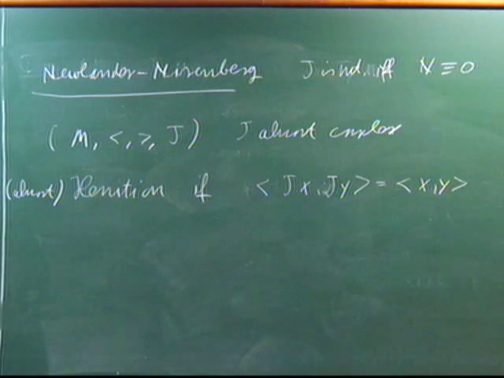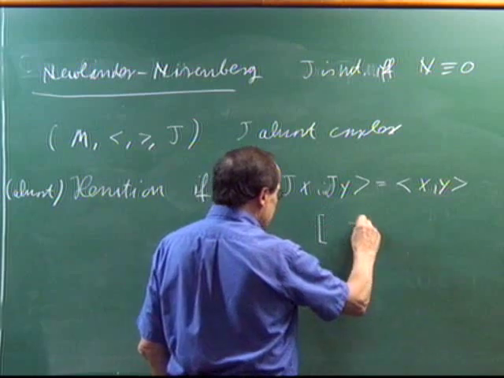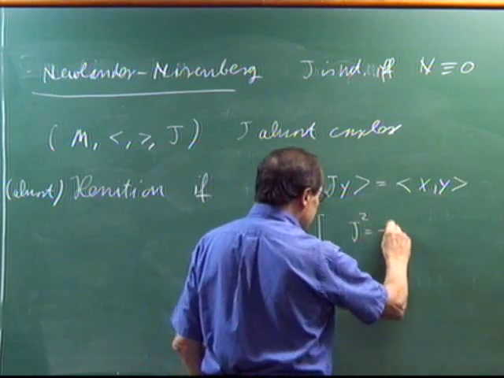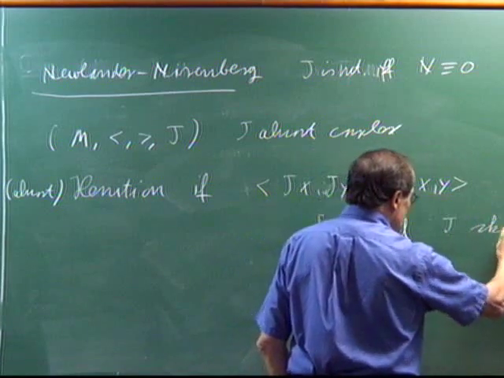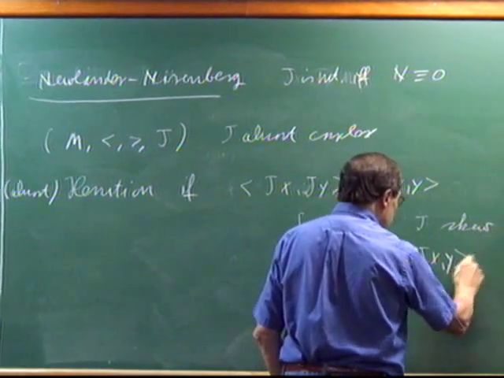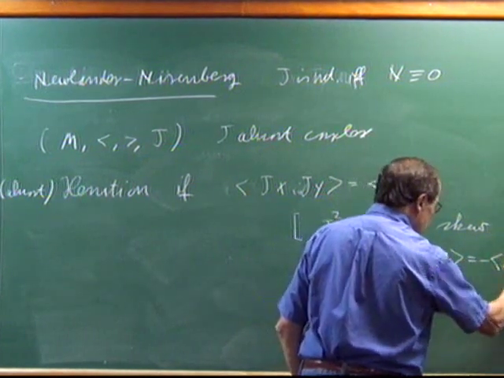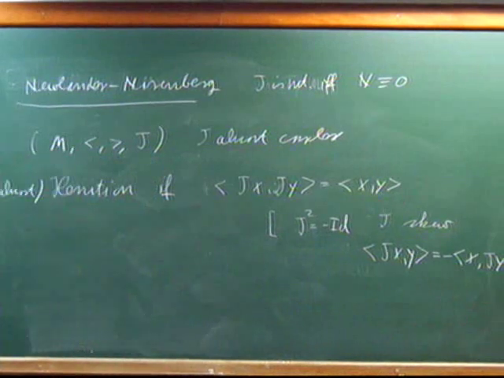Like it's an isometry. Of course, also, recall that since J squared is equal to minus identity, it implies that J is skew, or skew adjoint. Right? So g(Jx, y) is equal to minus g(x, Jy). It's equivalent.